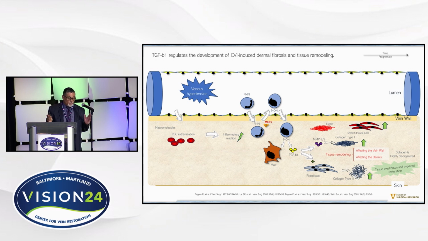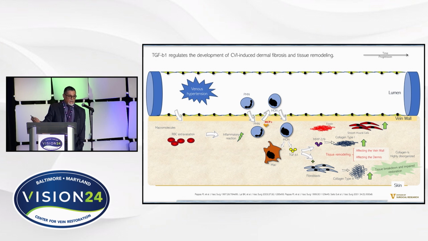This stimulates more collagen production from local fibroblasts in the area. But also collagenases, named MMP2 and 9, will produce tissue remodeling, which is very interesting, affecting the vein wall and the dermis in this new situation.